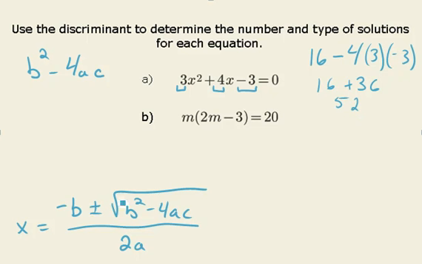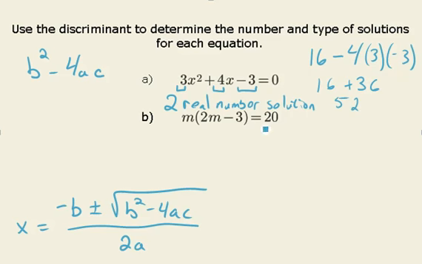And sometimes I'll be adding that thing and sometimes I'll be subtracting it. So I'm going to be getting 2 very different answers. So I'm going to get 2 real number solutions when I compute this answer, but we're not going to compute it. If computing would be easy, plug it in, but we were just interested in the number and type of solutions. So 2 real number solutions on that one.